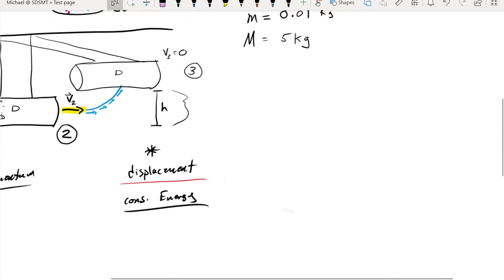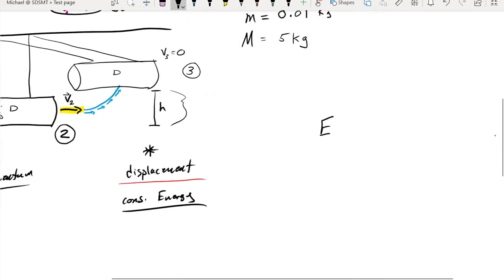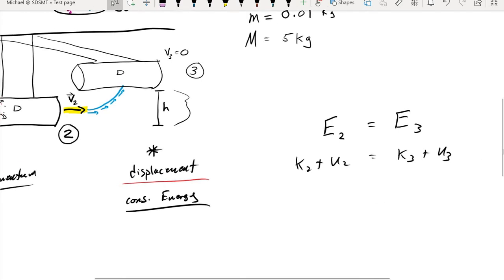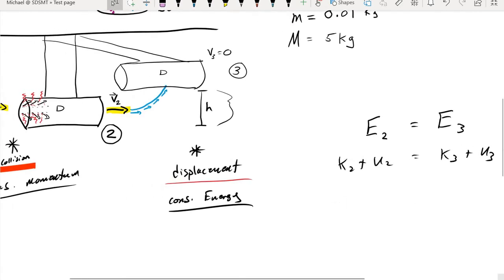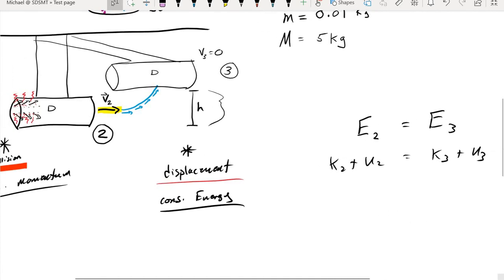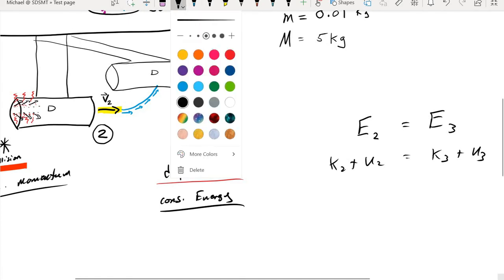All right, let's see what we have for energy at Site 2 versus energy at Site 3. At Site 2, we have some combination of kinetic and potential. Likewise, for Site 3, there are no springs involved in this problem, so the only potential energy that we need to concern ourselves with is gravity potential, but gravity potential does need a 0 point.